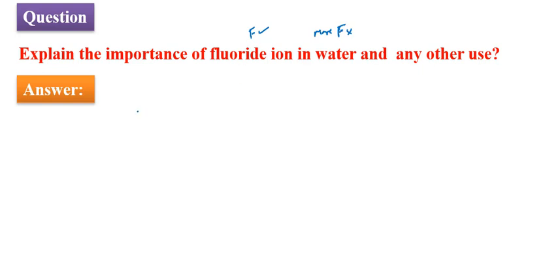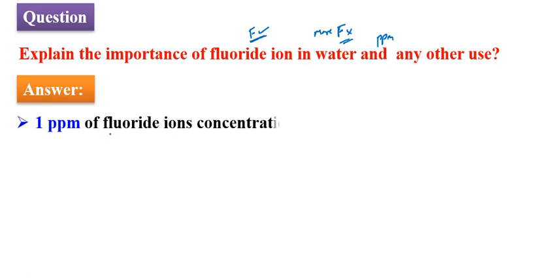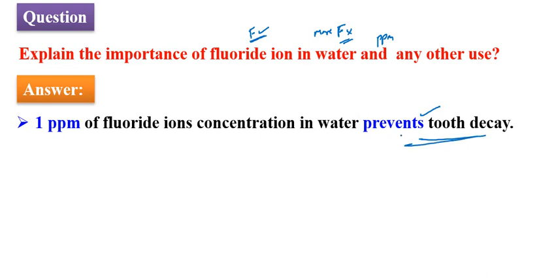So this fluorine concentration is also represented in ppm. Now, 1 ppm of fluoride ion concentration in water prevents tooth decay. You can observe that in toothpaste, the fluorine will be present.